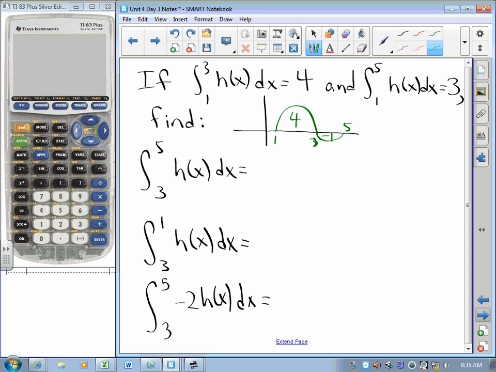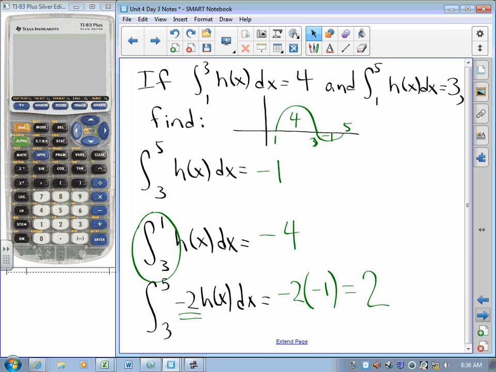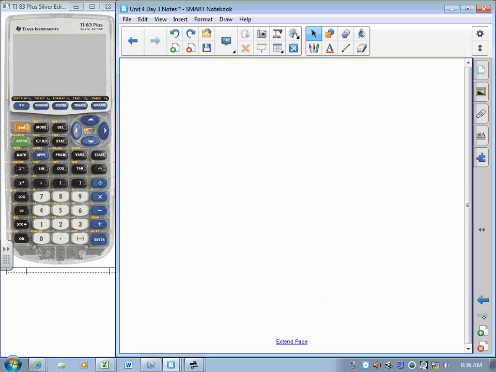And that means that the integral from 3 to 5 is negative 1. The other two questions are just properties of integrals we've talked about. If I read backwards, that negates my integral value. And if I multiply by negative 2 inside the integral, that's the same as multiplying by negative 2 outside. Okay? Okay. A couple more things. One deals with the average value of a function.